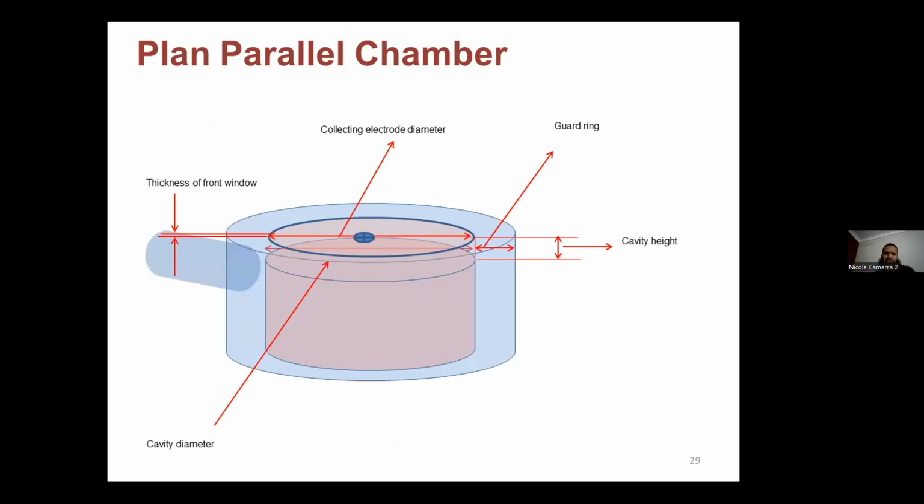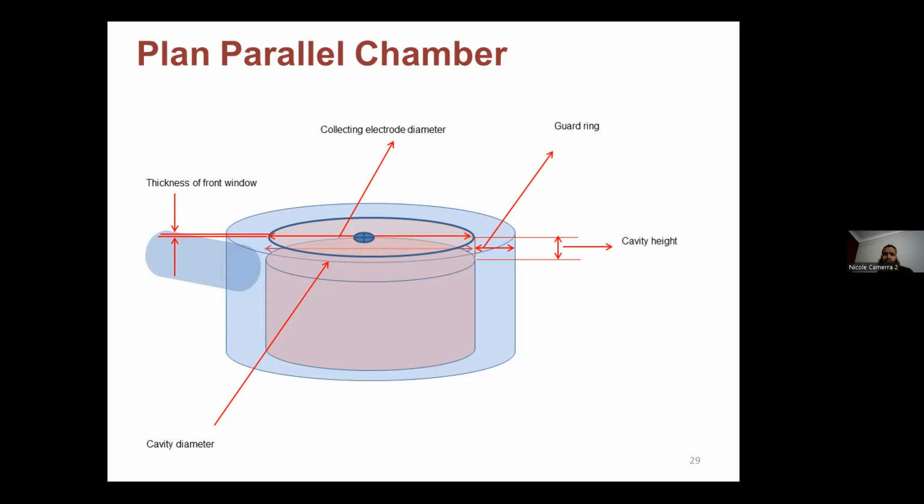Normally the recommendation is that the plane-parallel chamber should be used. This is the recommendation from TRS 398. They say you can use the Farmer chamber, but only if your R50 is greater than 4 gram per centimeter squared, that is, more than 4 centimeters R50.